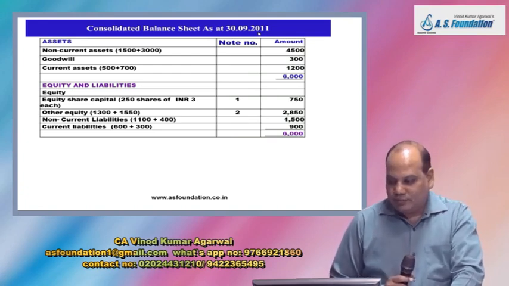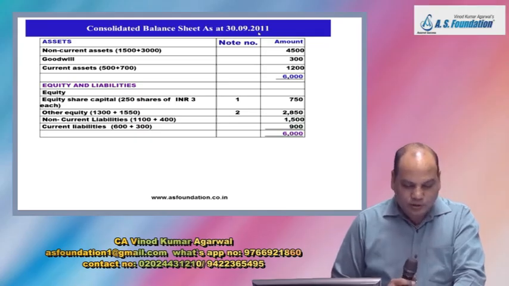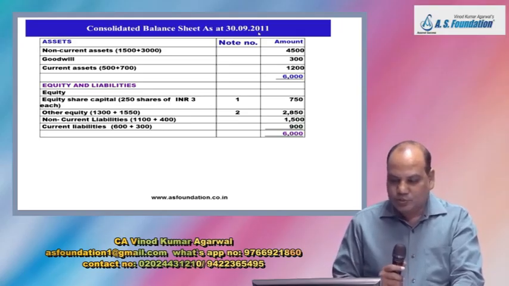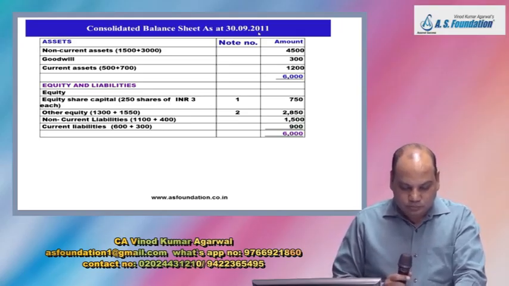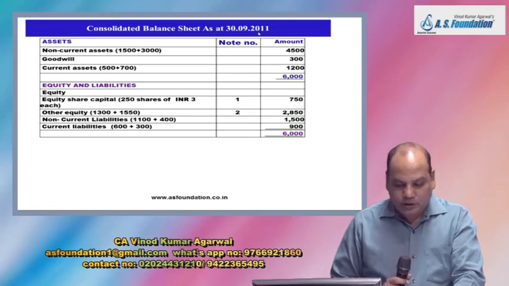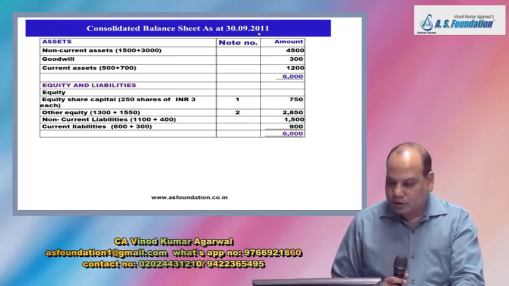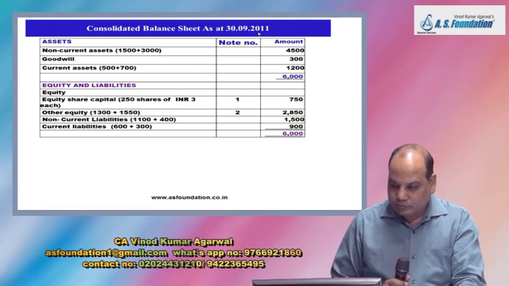Goodwill 300. Current asset, both companies book value. 500 plus 700. 500 plus 700 is how much? Sorry, 1200. Total 6000.